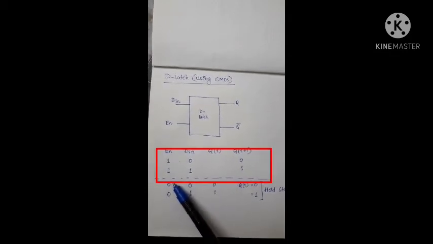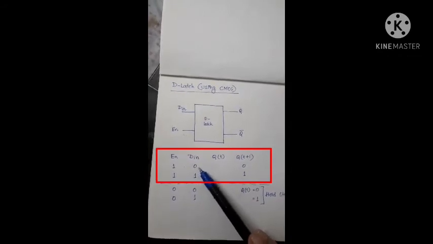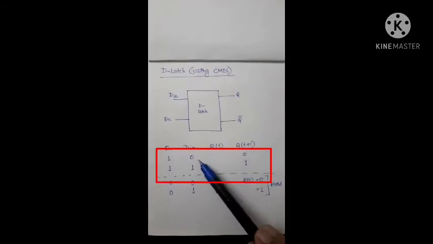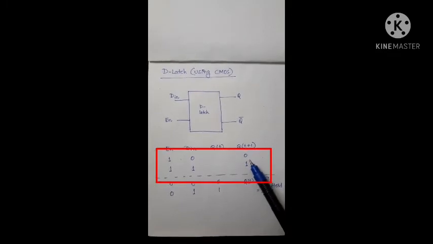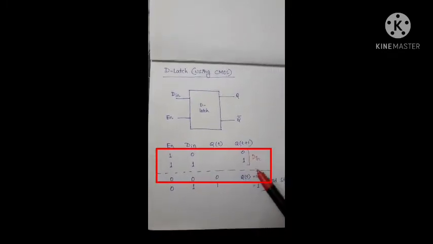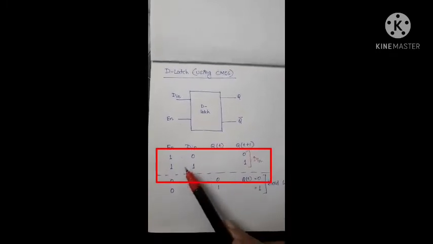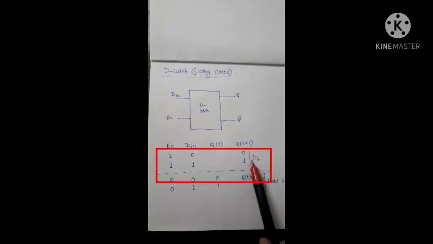If the enable input is 1, then the data, whether it is 0 or 1, will be transmitted to the output. That is, we can simply write D in, data in. Whatever is here will be transmitted here.